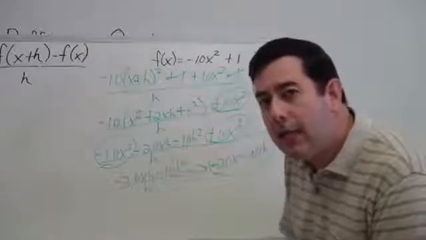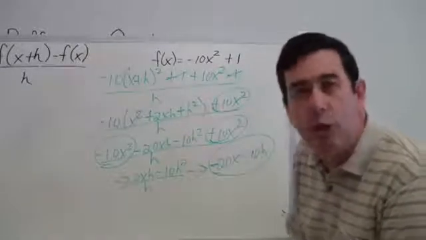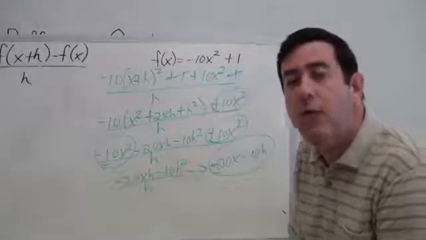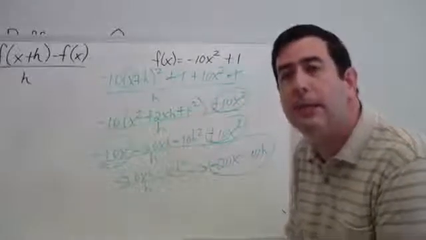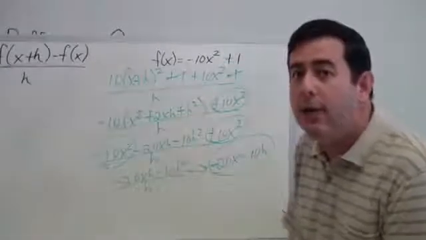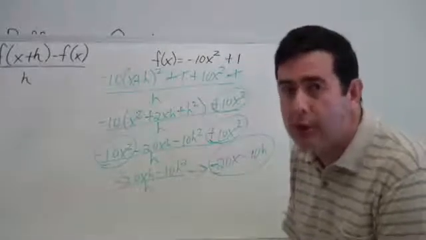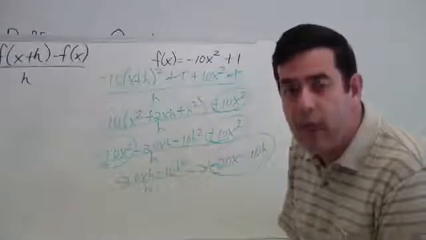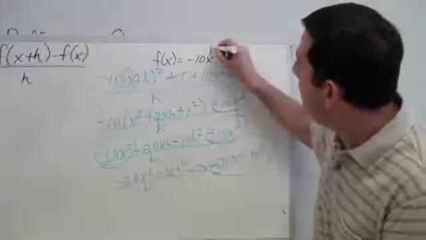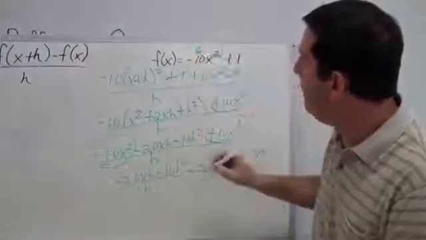Now, if you're like me, you miss the days that you could just look at the coefficient and see what the answer was going to be. You'd like a fast way to be able to get these, or at least know that you've done it right. There is a fast way from calculus called a derivative. To do a derivative, take the exponent, multiply it by the coefficient.